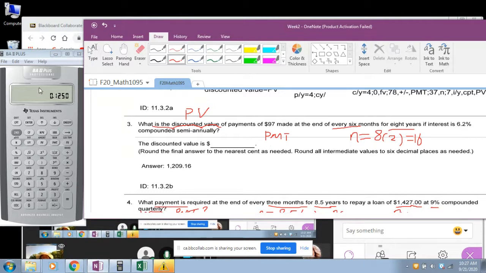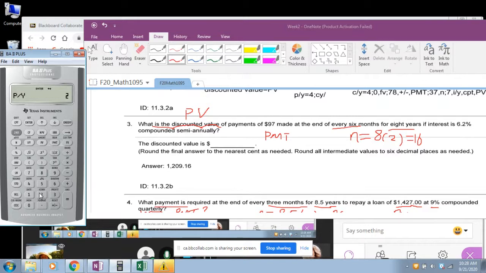So let's do calculator method first. Second quit, always begin with the second quit. And then make sure on top right corner you don't have begin. That means end mode. And then set up P/Y, second P/Y equal to 2, because in 1 year you make 2 payments.